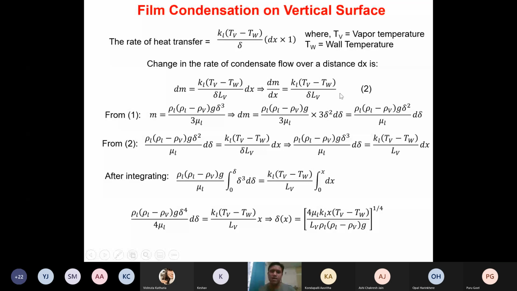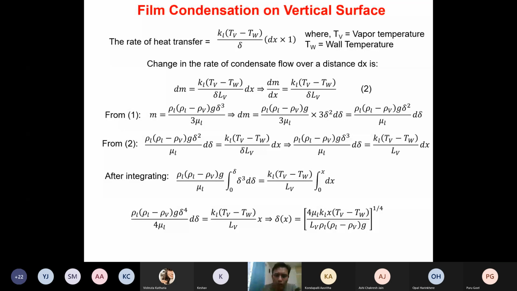This equation gives me, as I increase the distance x, how the thickness of my condensate film is going to increase or decrease. That is given by this particular equation, and this has been given in terms of the element, and therefore we have to integrate this further. So if we integrate this further, what we get is rho L into rho L minus rho V, g, mu L.